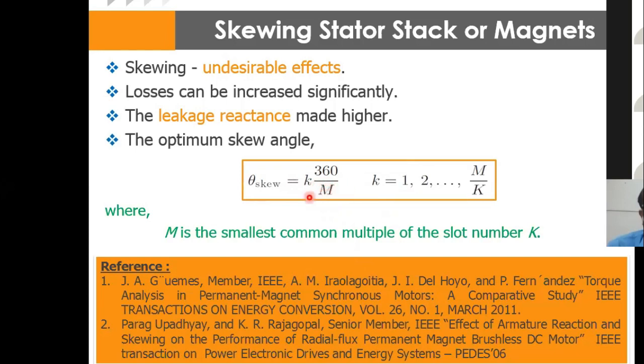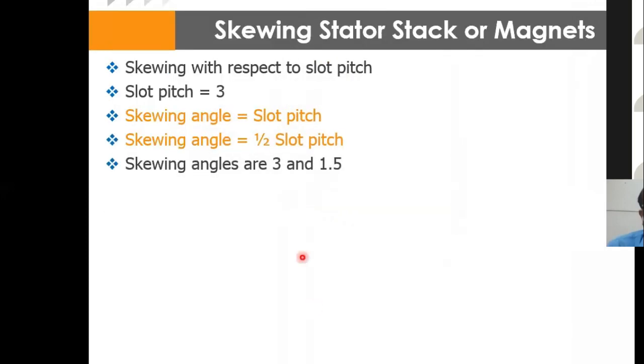You can calculate the skewing angle, and if you skew the stack by that angle, you will have a lower cogging torque. This is based upon these two literatures. We have identified these things, and based upon that, for our design, skewing is done with respect to the slot pitch. The slot pitch is 3 over here.